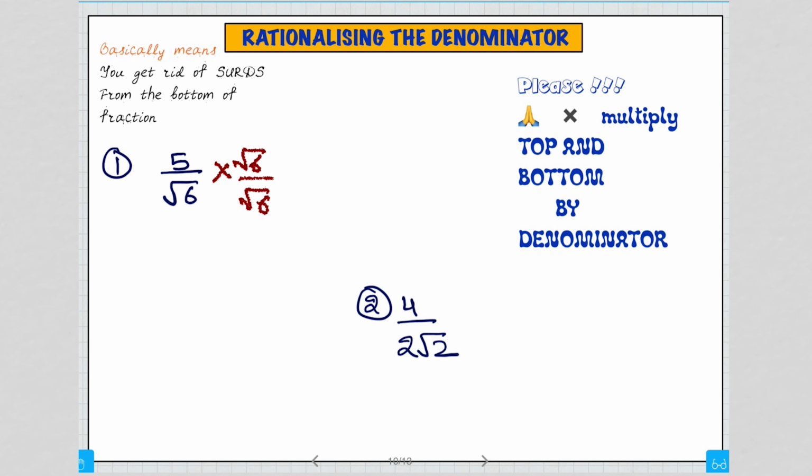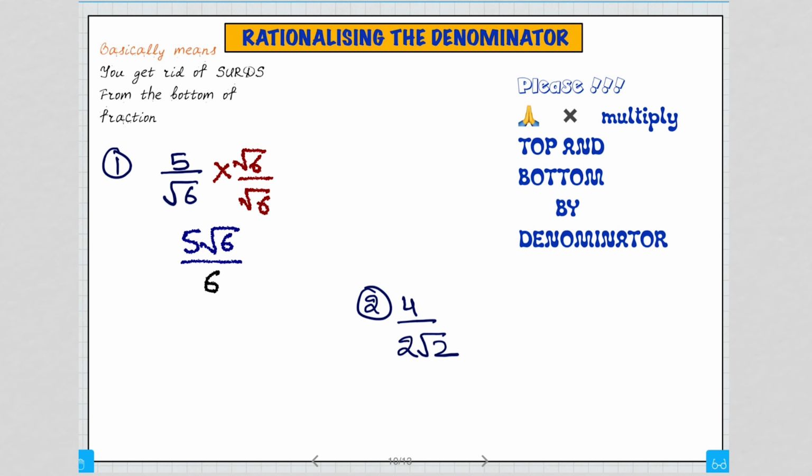After that, we simplify: 5 root 6 over root 6 times root 6, which is just 6. So this is how we rationalize the denominator.